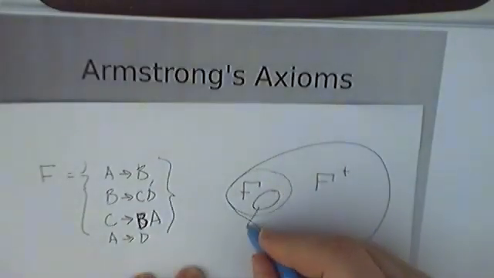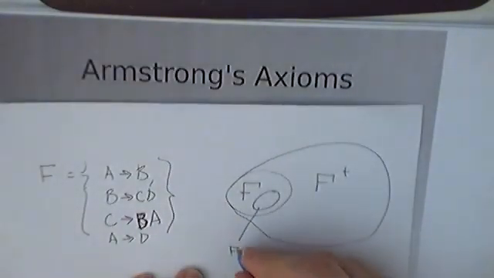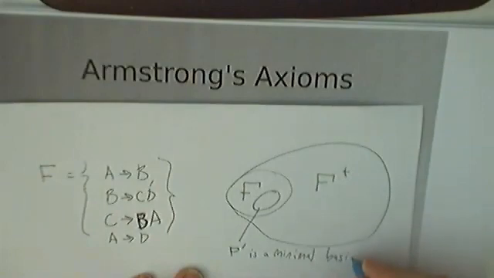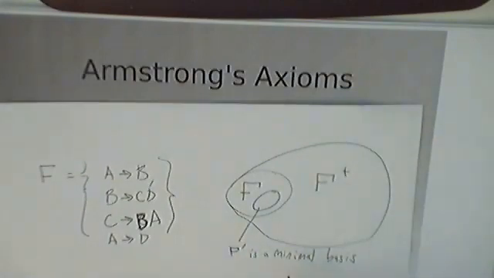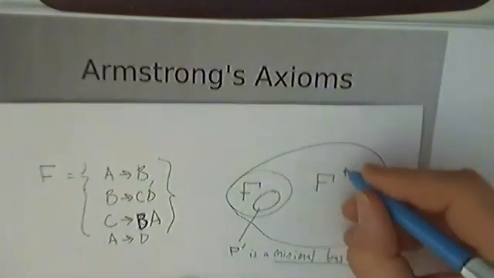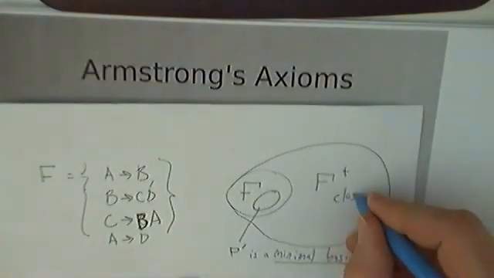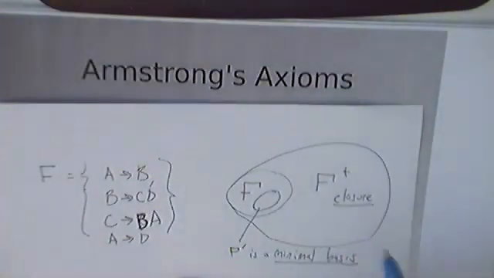There may be a subset, I'll call this little F prime, which is a minimal basis. Let's look at some definitions: a minimal basis and a closure.